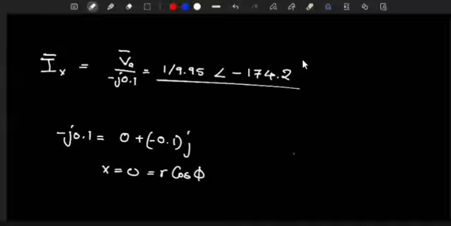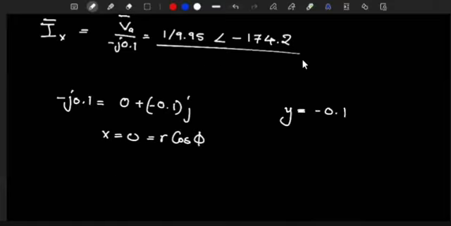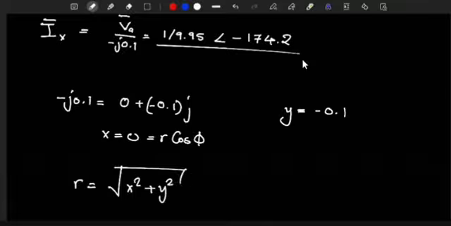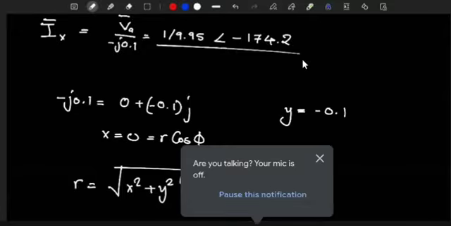Since R is not 0 itself, why are we saying R is not 0? Because we know Y is equal to negative 0.1. X is 0, Y is that. So R can be obtained by X squared plus Y squared by Pythagoras theorem. Again, I think we did this earlier. So X is 0, Y is negative 0.1, notice that this will give you positive 0.1 as the peak.